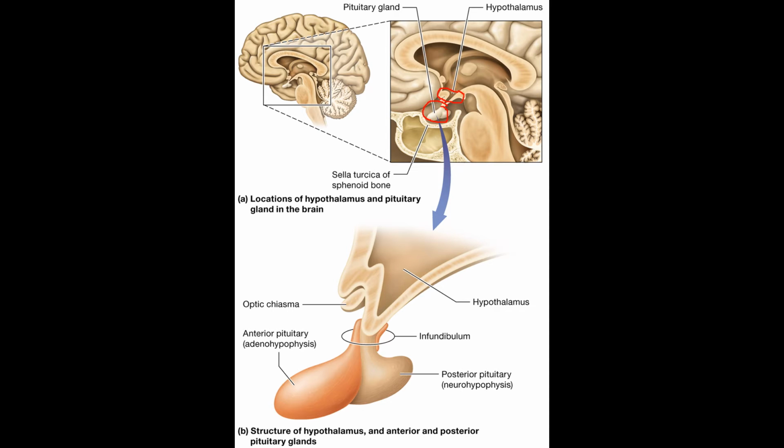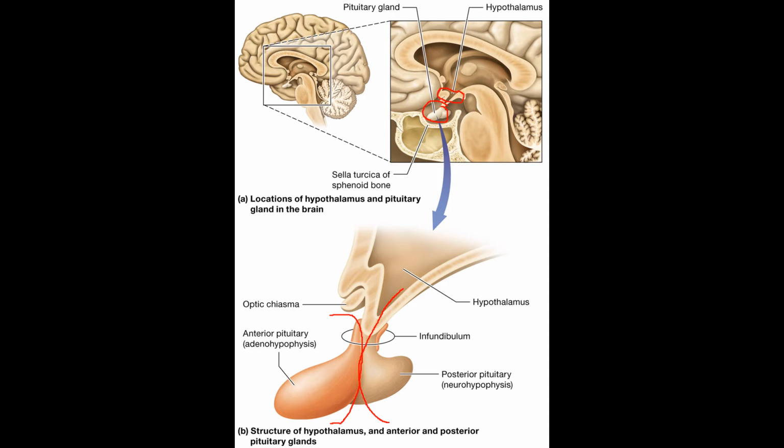And as this figure shows, the pituitary gland itself is made up of two structurally and functionally distinct components. There's the anterior pituitary gland and the posterior pituitary gland. Each of these are called adenohypophysis and neurohypophysis, respectively.